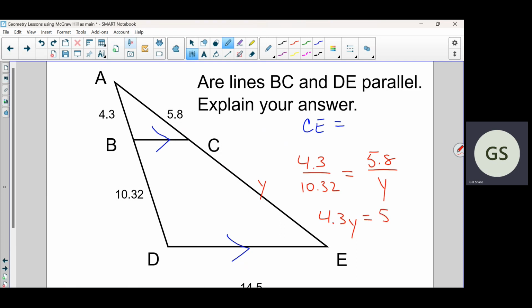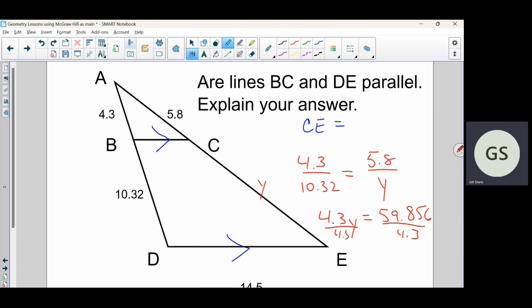What is it? 4.3y equals 59 point what? 8.6? Some of you don't ever write anything down. You just do it in the calculator. So that should have been your next step. Now to solve, we just divide both sides by 4.3.